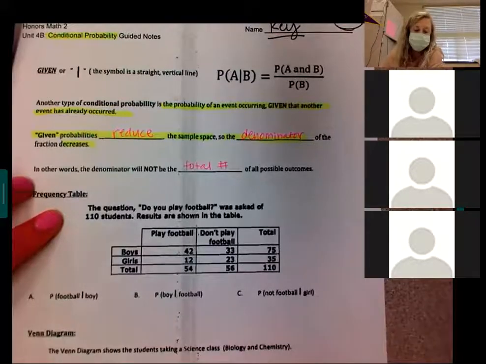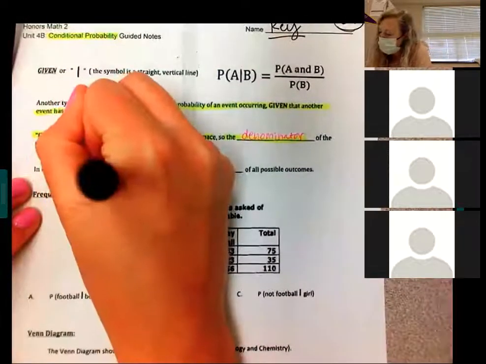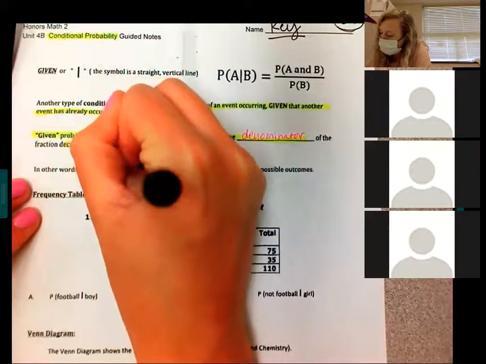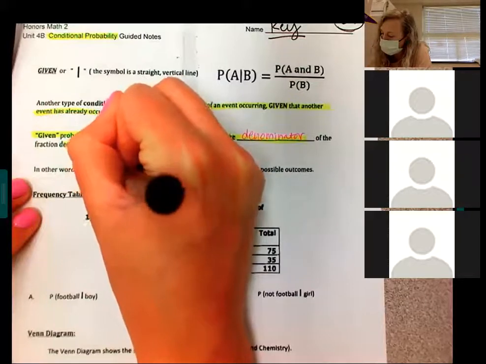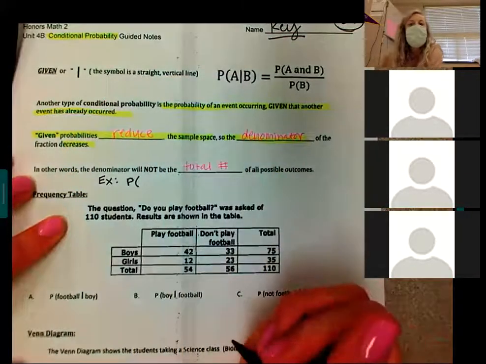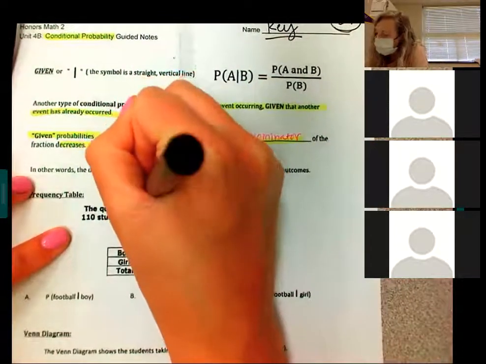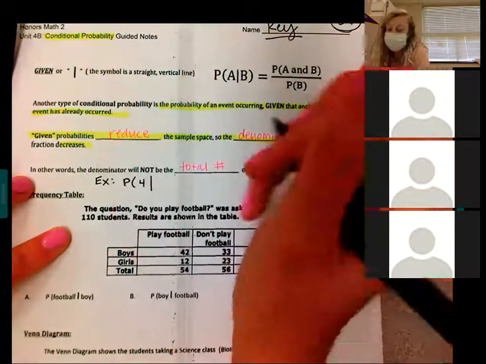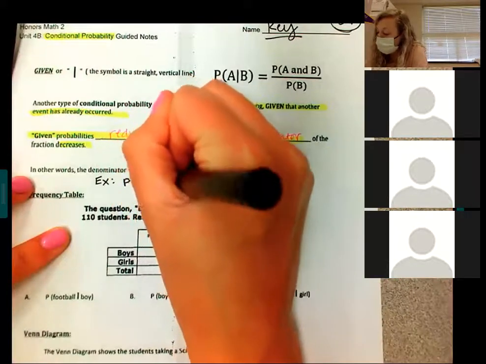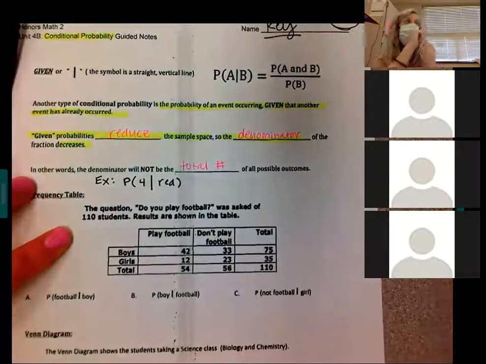So what if I asked you to find the probability? We're all going to write this down. I'm going to talk about cards again because some of y'all look like you need help with those. The probability of drawing a 4 given we draw a red card. I'm just picking one card.